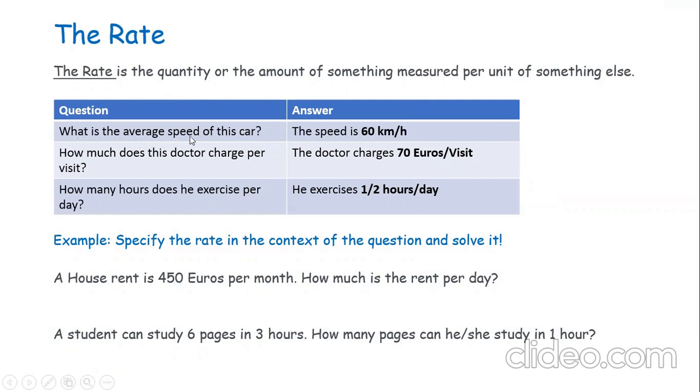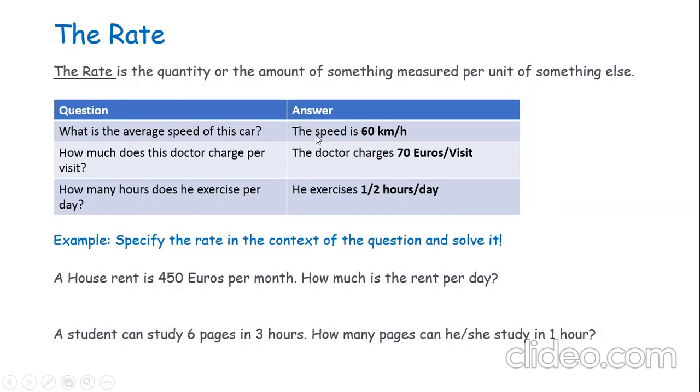What is the average speed of this car? This is an example question. So the average speed of this car is the ratio between the kilometers that the car crosses between two cities, for example, A and B, and the time it takes to cross this distance.